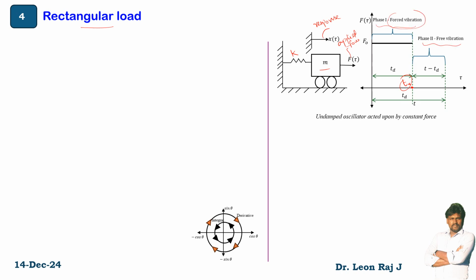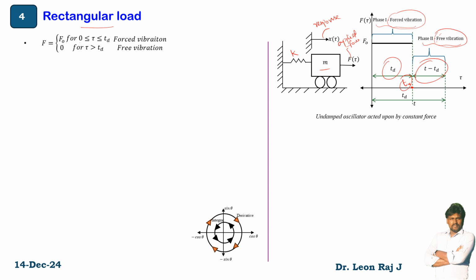Response in phase 1 is nothing but the forced vibration. Response in phase 2 is nothing but free vibration. So the total time period is T, and the forced vibration time period is Td, and the remaining time period is T minus Td. So F is nothing but the applied force.